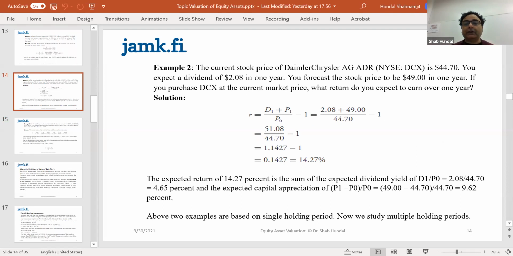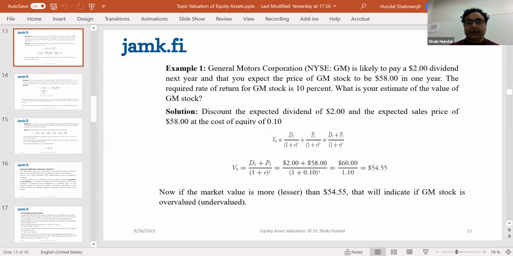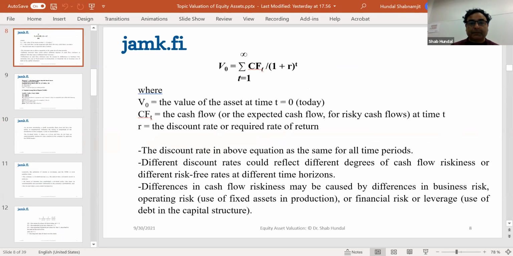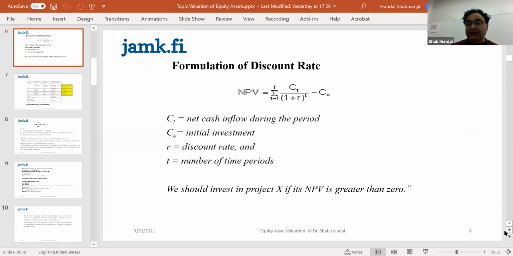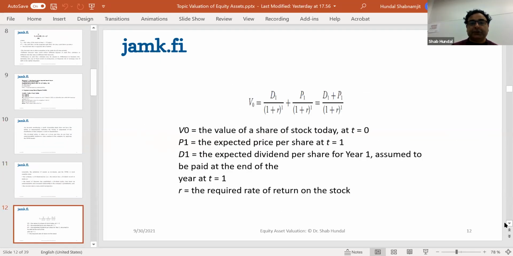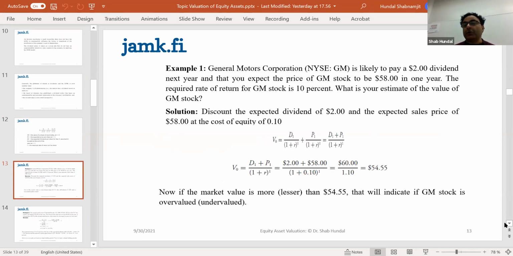Last week, we did one question based on this discount rate based valuation of equity assets. And we took the example of General Motors: if they are likely to pay a dividend of $2 next year, and you expect that the stock price of GM would be $58, and the required rate of return, this is the CAPM return.